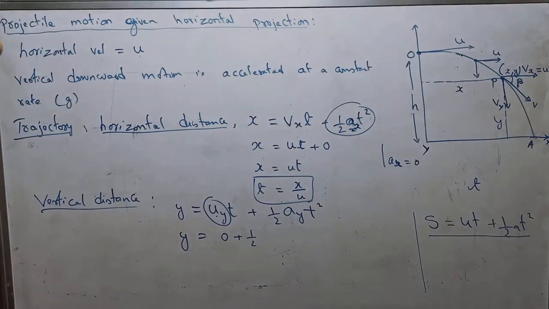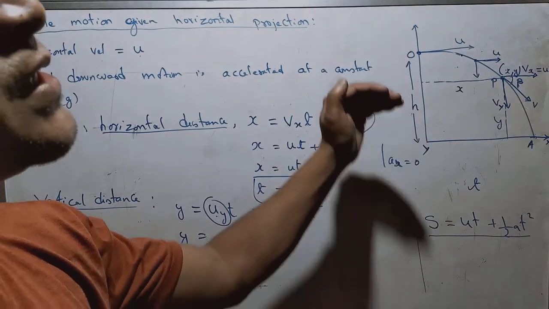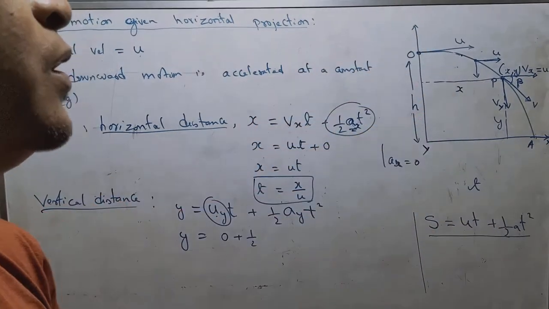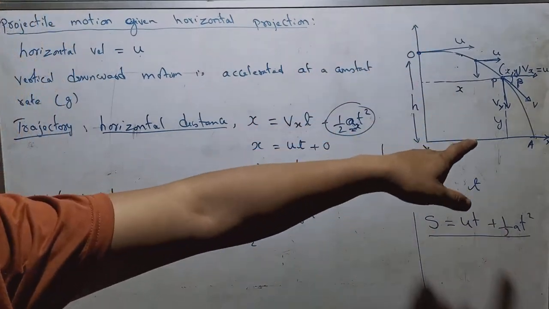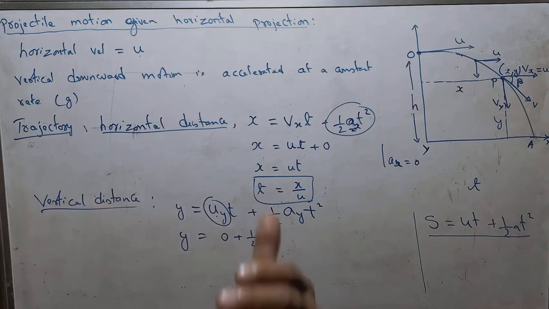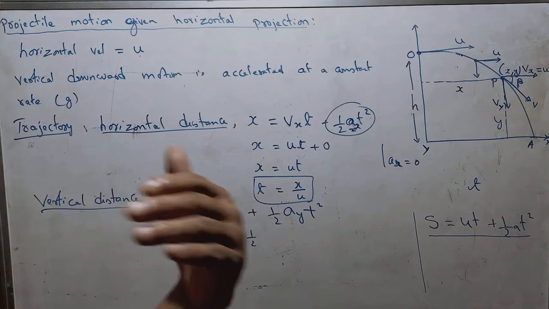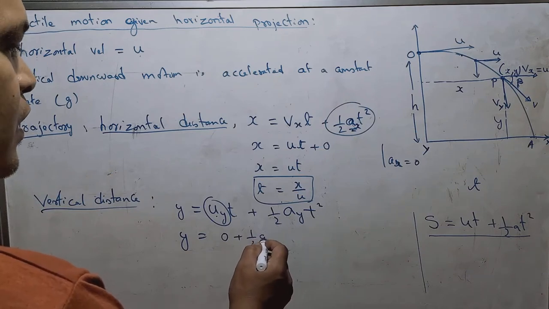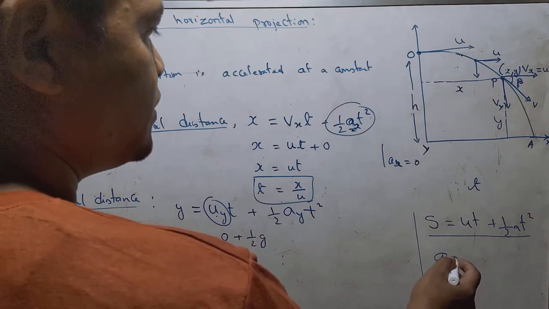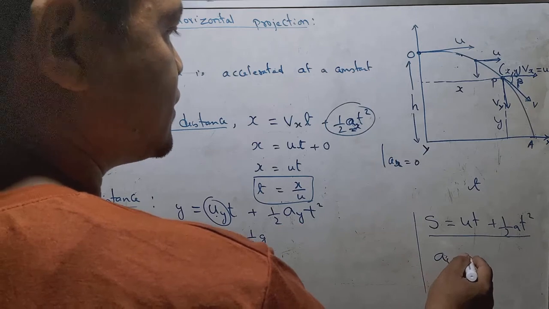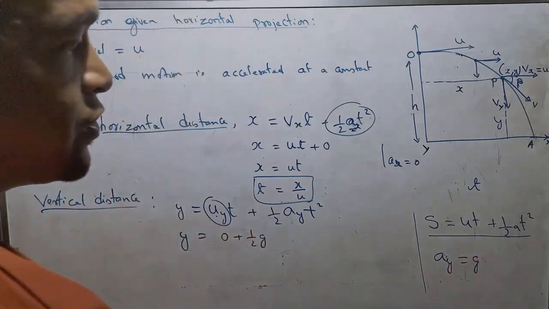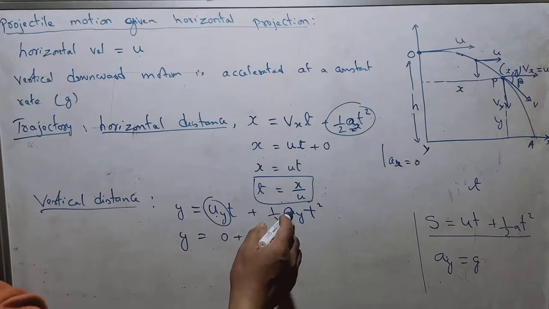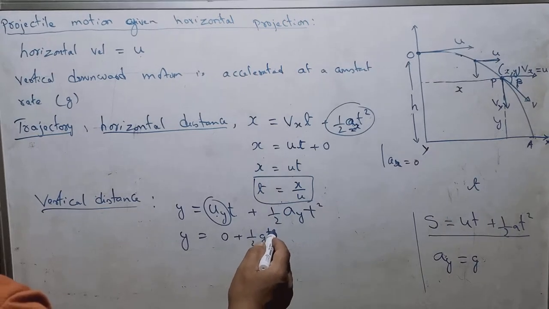Ay is the acceleration in which the body is accelerated downward. Because the acceleration which is produced in this case is due to the acceleration of gravity. So therefore for that I will write g. So this ay, which is the downward acceleration, is equal to the acceleration due to gravity, that is equal to g. So for ay I'll write g and then I'll write t square.